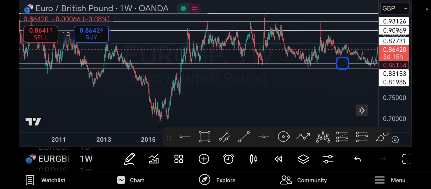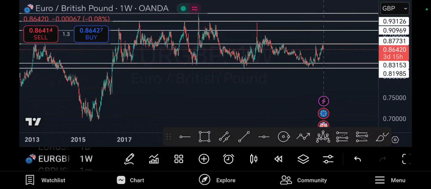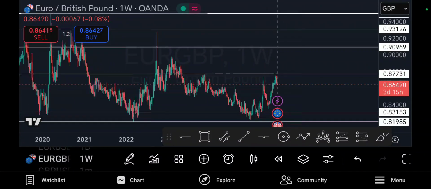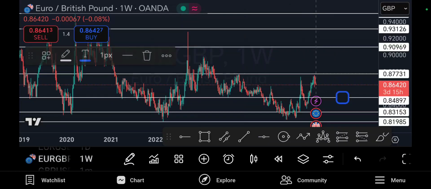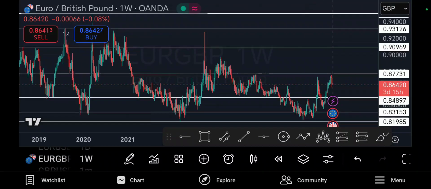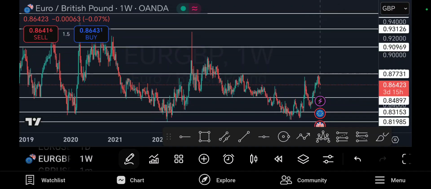Then we can just mark out our zones to have a clearer view of things because of looking left. You see, so we can say that the market is in this zone. Cool.